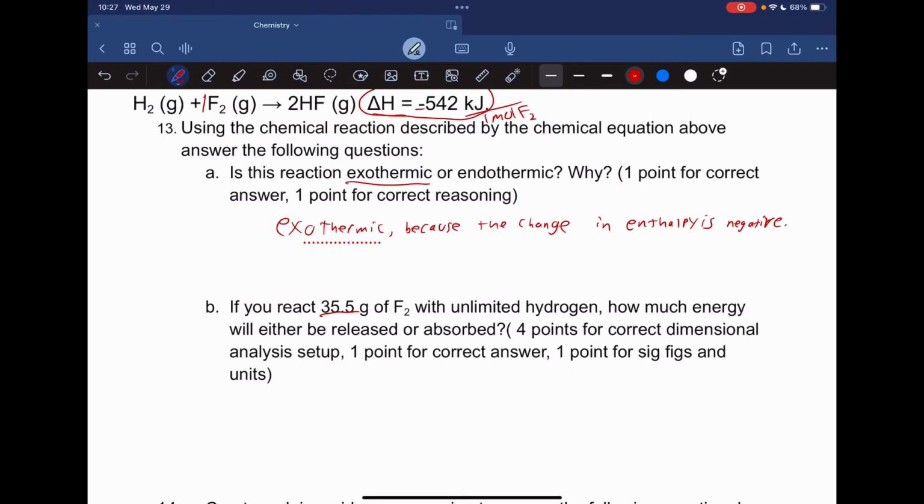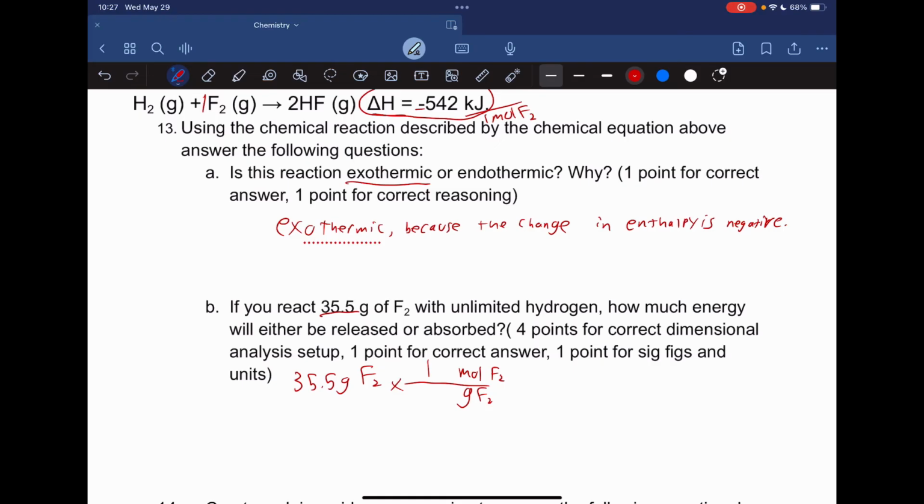So we need to first convert fluorine into moles. So we're going to start with 35.5 grams of fluorine, and we're going to multiply it by something that will convert it to moles, which we should know by now is the molar mass. 1 mole of fluorine, and we need to know how many grams of fluorine 1 mole is.